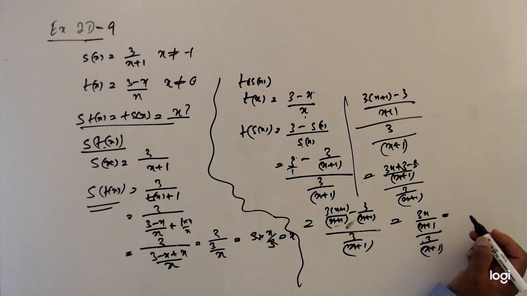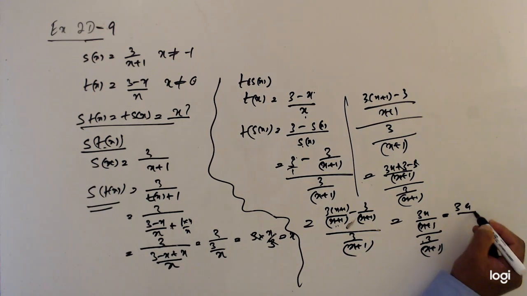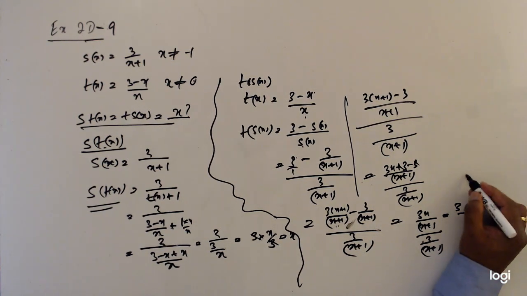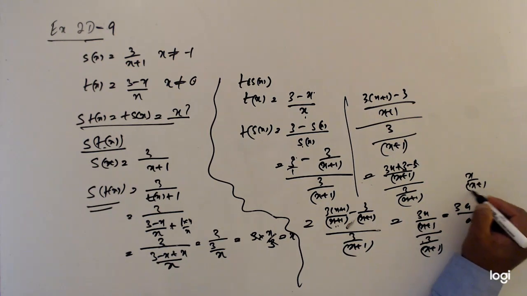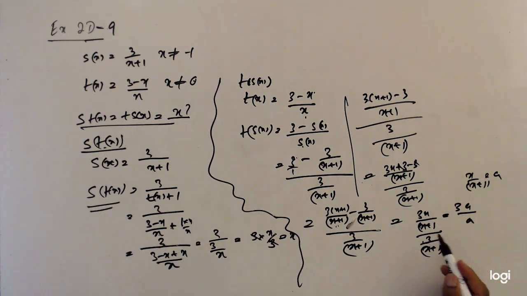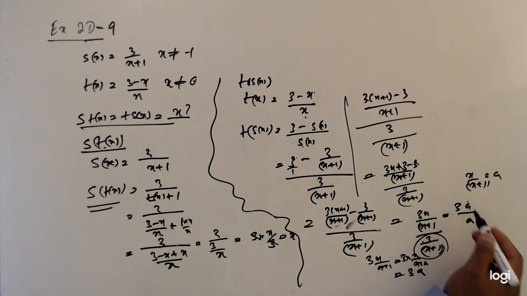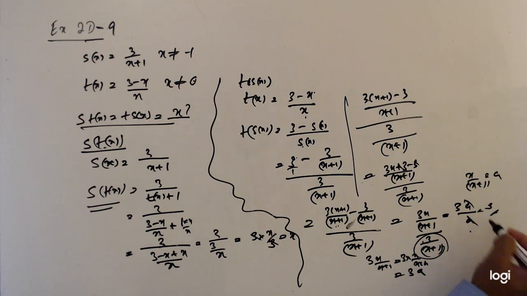Expanding, 3x plus 3 minus 3, the 3s cancel out, leaving 3x over x plus 1 divided by 3 over x plus 1. Assume x over x plus 1 is a. Then 3 times x over x plus 1 is 3a, and the whole is over a, so 3a over a, and the a cancels out.